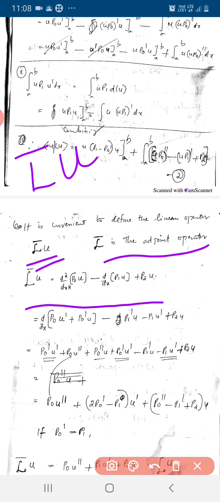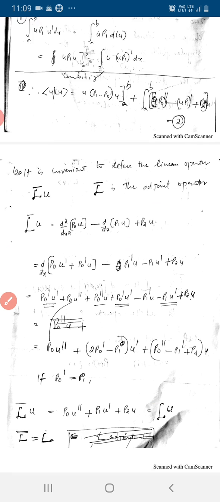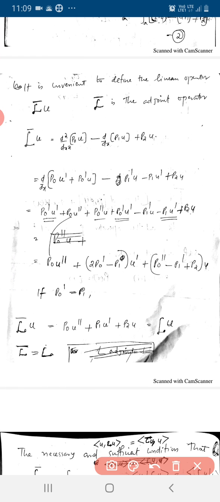So this will be basically Lu. Then we have a u here, so u with L adjoint u, or rather L adjoint u with u we can say. This is L adjoint u.